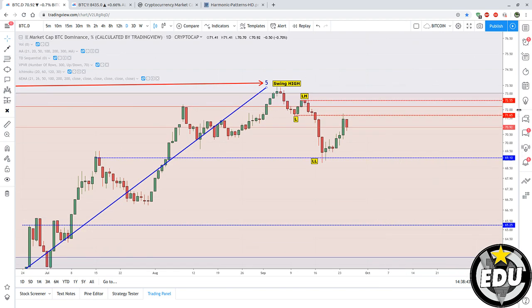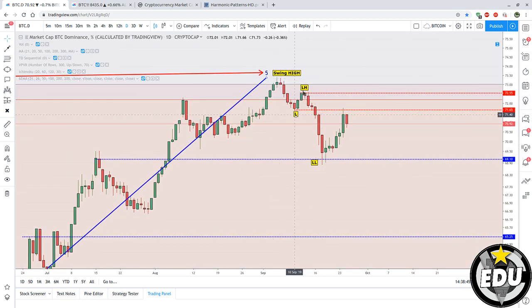Again, in the lower time frame, we are making a lower low, lower high structure. In fact, price reached a local swing low and is now dropping again.